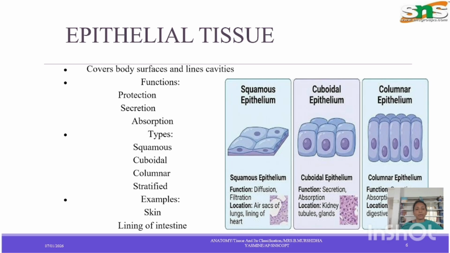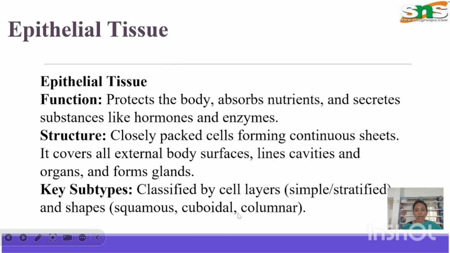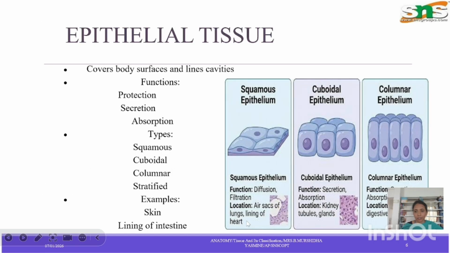Epithelial tissue covers the body surface and lines the cavities. There are squamous epithelium, cuboidal epithelium, and columnar epithelium. Squamous epithelium functions in diffusion and filtration. It is located in the air sacs of the lungs and the lining of the heart.